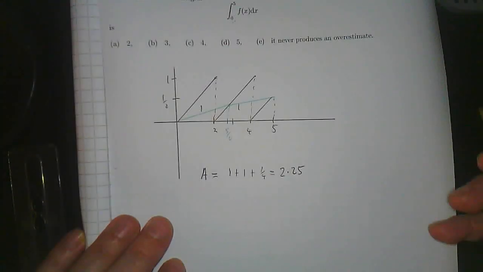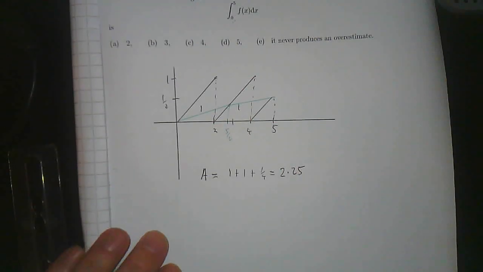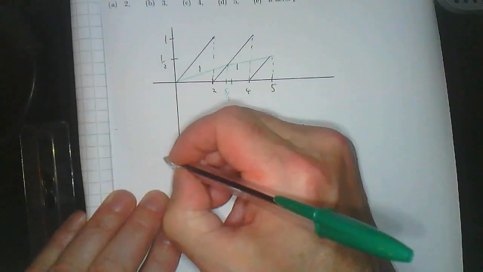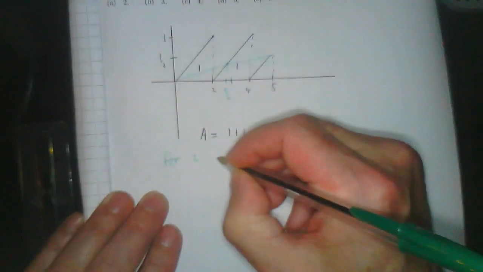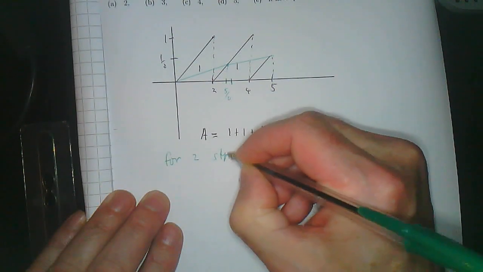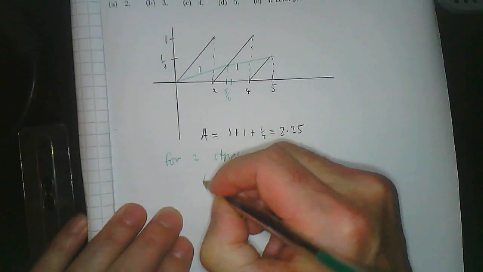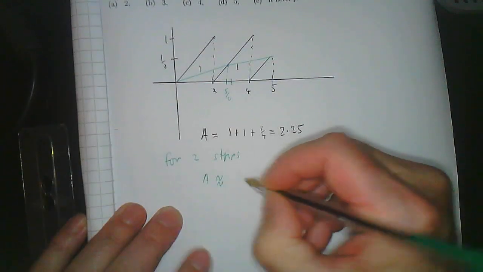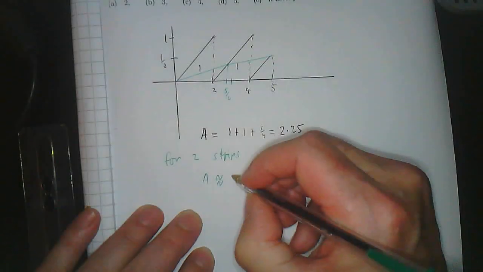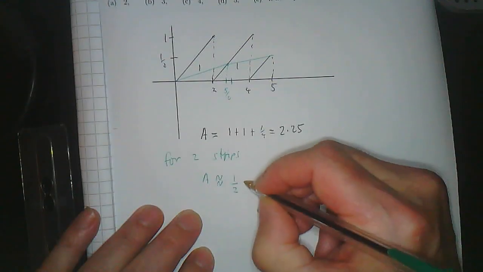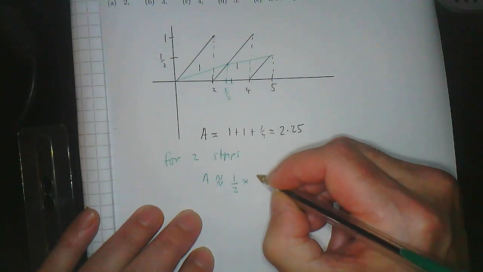So we can now write down for 2 strips, the area is approximately equal to, using the trapezium rule, a half times the width of the strips, which is 5 over 2.